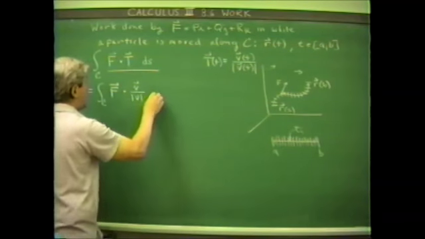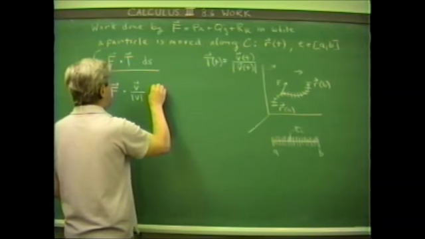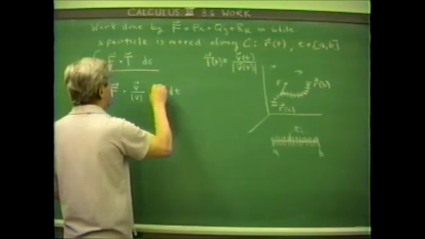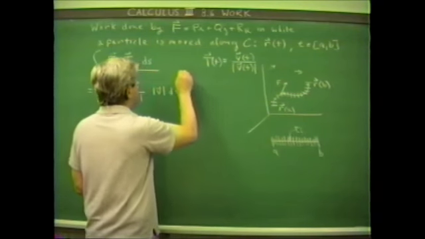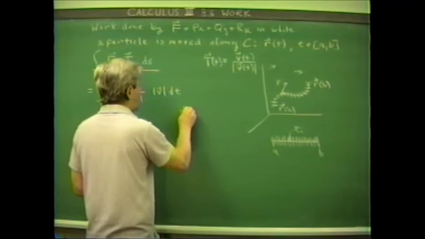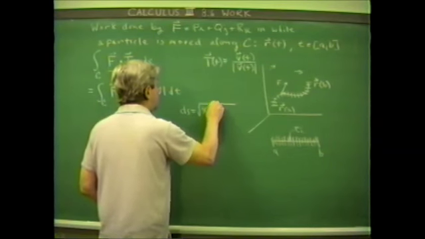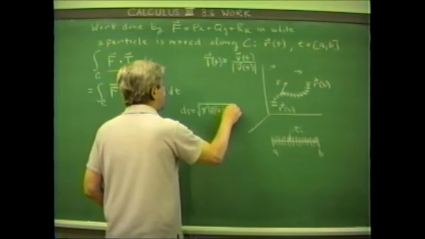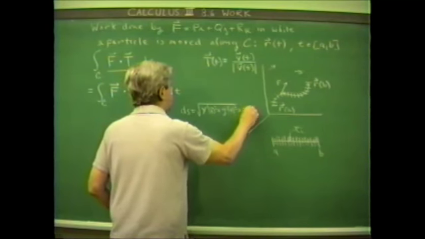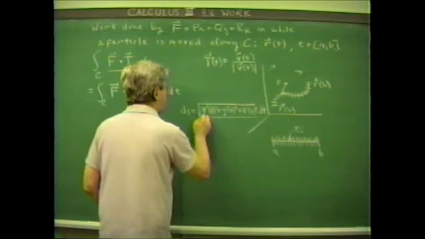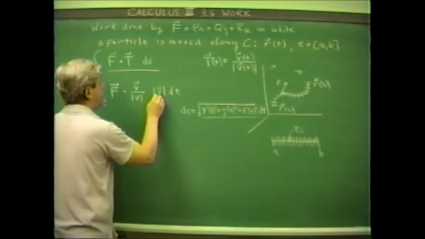And now ds is the magnitude of v dt. That's to say, ds is the square root of x prime of t squared plus y prime of t squared plus z prime of t squared dt, and this is nothing more than the magnitude of v.